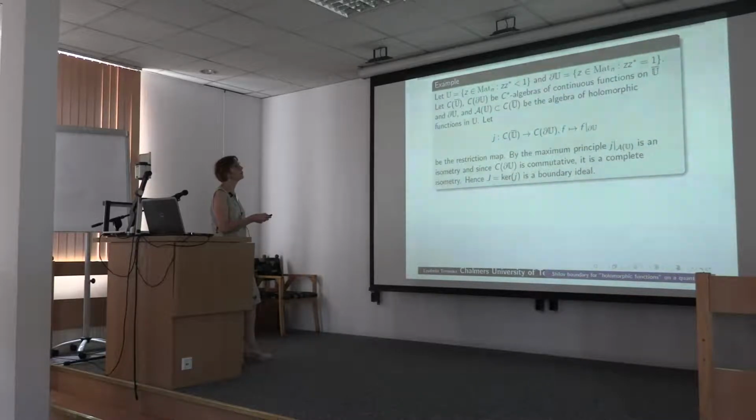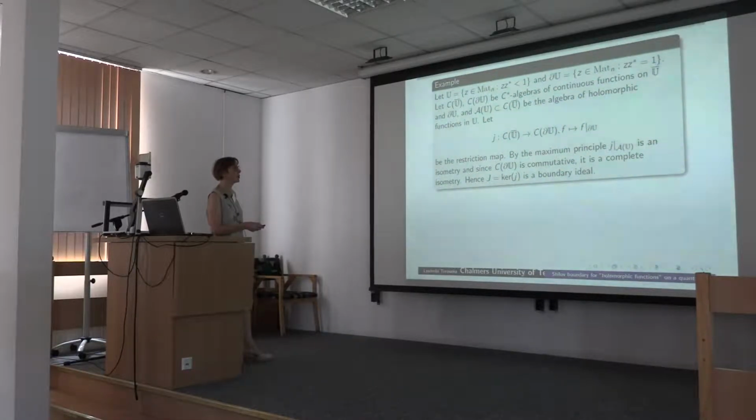And the A(U), so I will again consider the algebra of holomorphic functions in this complex domain U. And then we consider J from C(U closure) to this one. So this is just the restriction map. This C(∂U) is just the quotient of the continuous functions by the ideal of all functions which vanish on this ∂U.